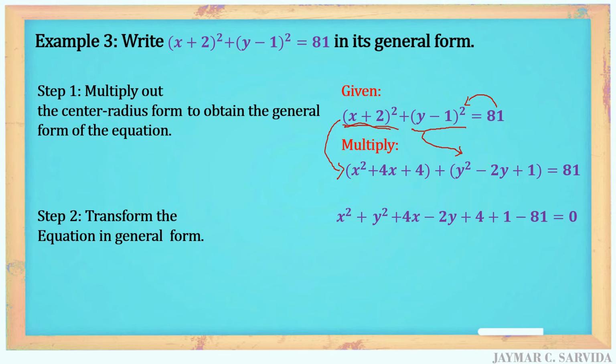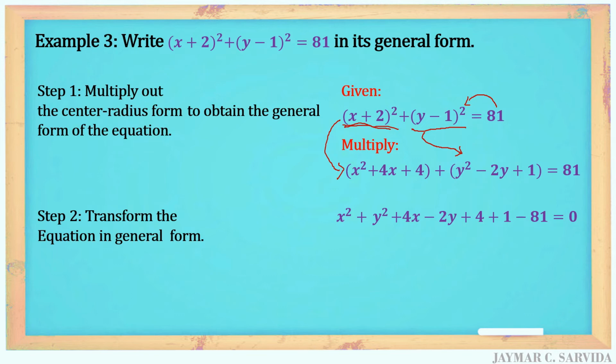And then, itong 81 na nasa right-hand side, ililipat natin dito sa left-hand side ng ating equation. So, be careful with the sign ha kapag ililipat natin. Itong positive 81 kapag nilipat natin sa left-hand side, yan ay magiging negative 81 na. Then, simplify it further.